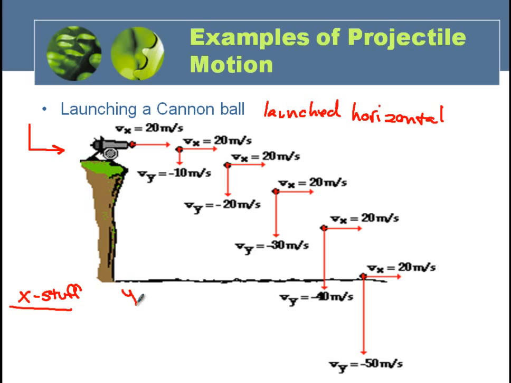So just how we did inventories for free fall and for kinematics problems, now we have to do inventories for both. So my initial position in this problem in the x, we don't know how far it goes, so that would be a question mark. But its initial velocity is going to be 20 meters per second in this case.